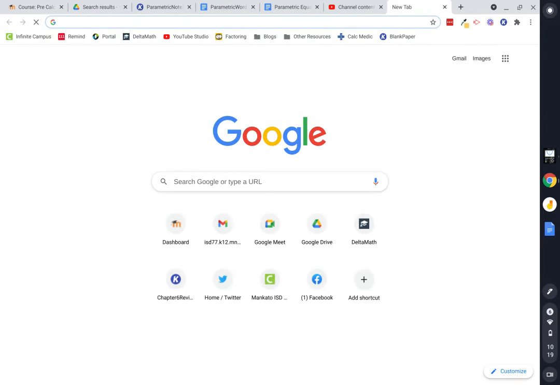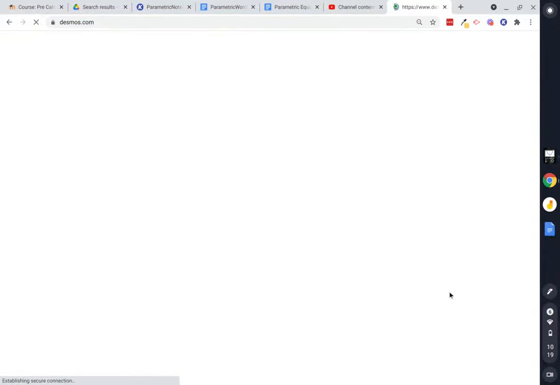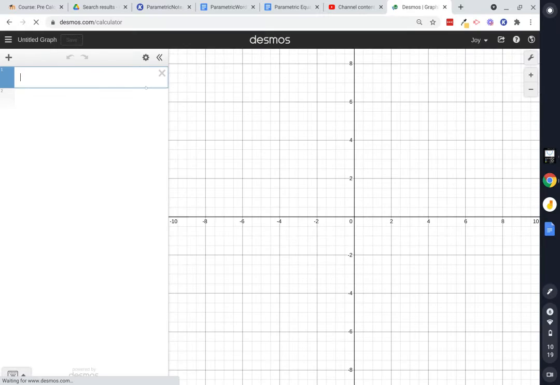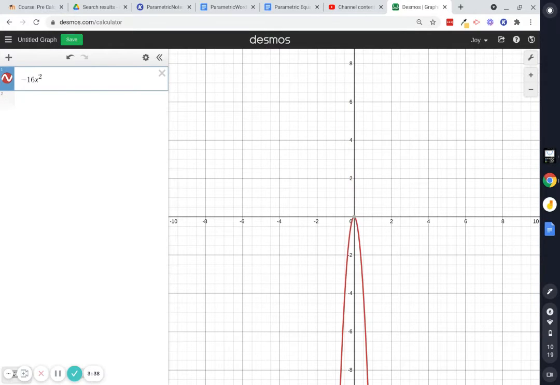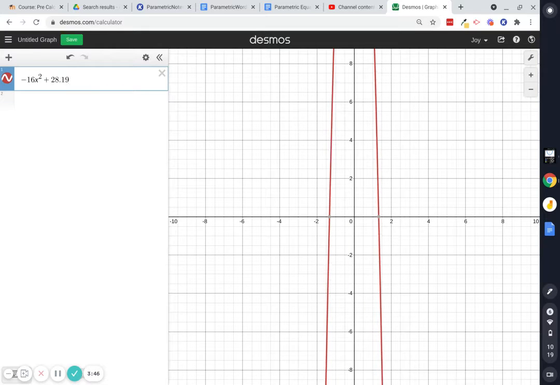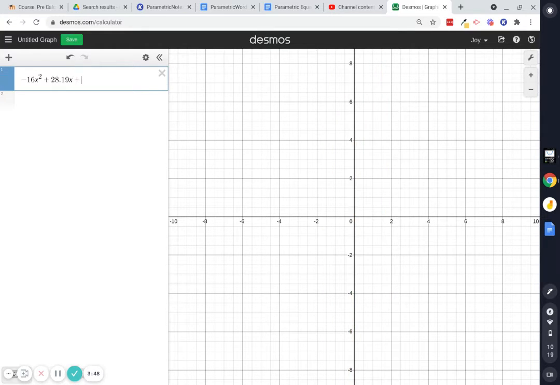Or I can do it in Desmos, because graphing an equation is always an option. So in Desmos, I'm going to graph that equation: negative 16. Desmos doesn't like the letter t because it likes to work with x's and y's, which is fine. We can adapt and adjust. Plus the initial height of 3.